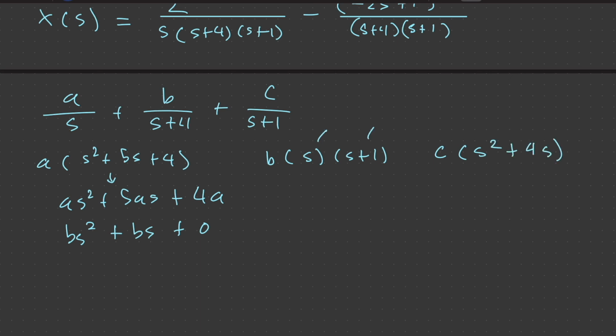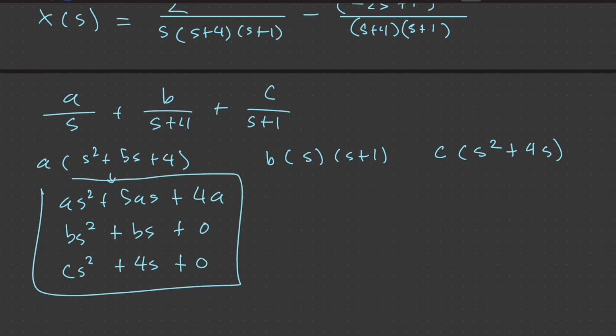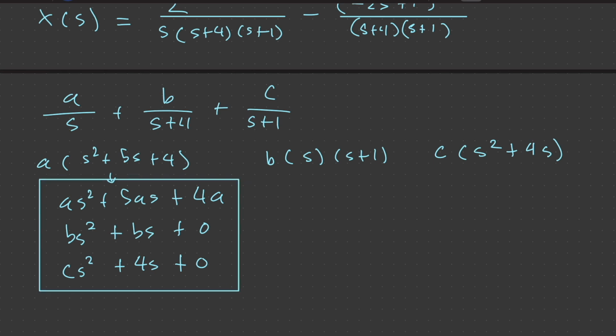Same thing like this. Instead of the s plus 1, it'll just be s plus 4. I just went ahead and distributed everything already. So it'll be cs squared plus 4cs, right, plus 0. Yeah. So this is our matrices, so to speak.